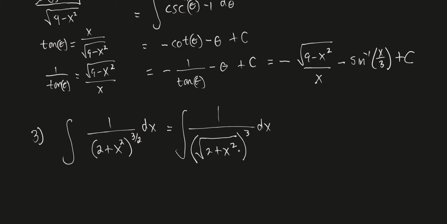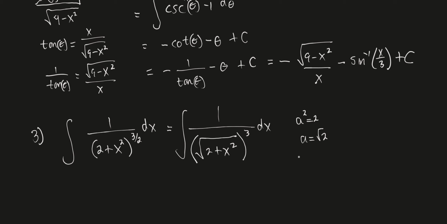Based on the form here, it's going to be the tangent equation, but our a isn't going to work out to be a nice integer, because based on this, a squared is equal to 2. We still assume that a is positive, so a is the square root of 2.